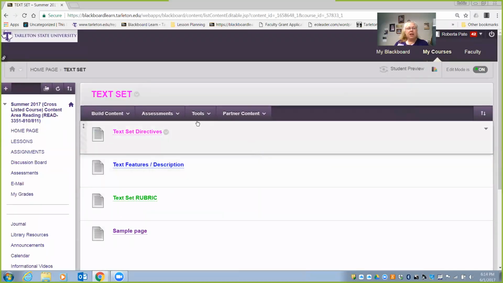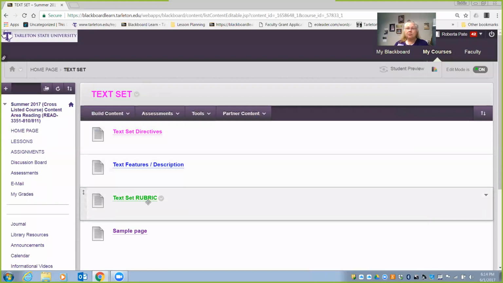When I open the folder, I have the directives, text set description, and then the text set rubric. It's always good to look at the rubric to know what you're going to be scored on. For this video, I'm not going to bore you with going over it, but please click on it. Anytime as a student, you should be looking at the rubric to know how you're going to be scored, and the same thing as a teacher.